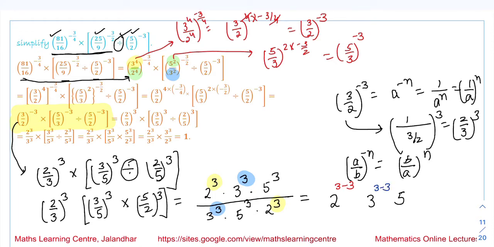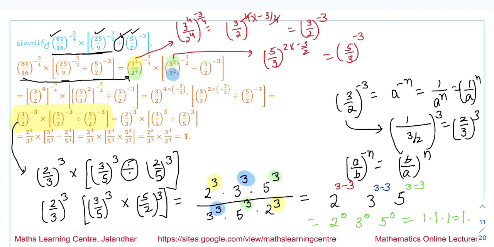And the powers of 5 we have are 3 and 3, so the power of 5 is 3 minus 3. So it is 2 raised to the power 0, 3 raised to the power 0 and 5 raised to the power 0. And this is 1 into 1 into 1. So the final answer you are getting is 1.